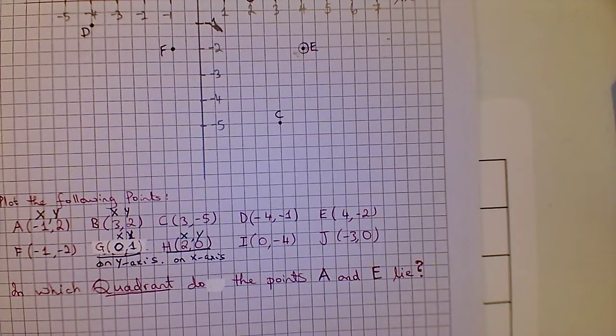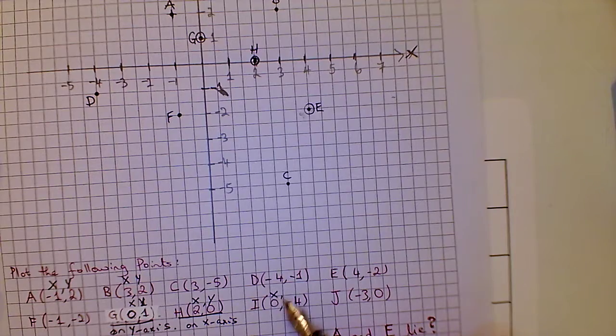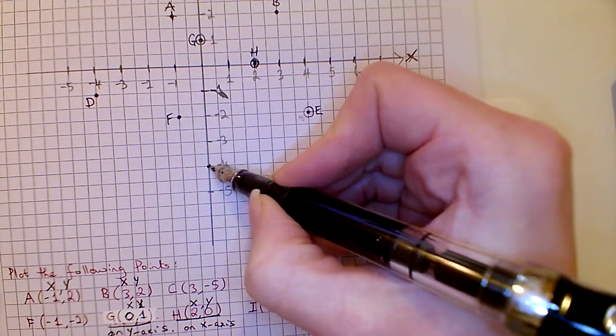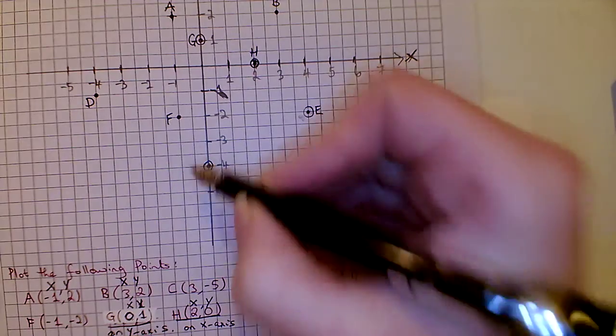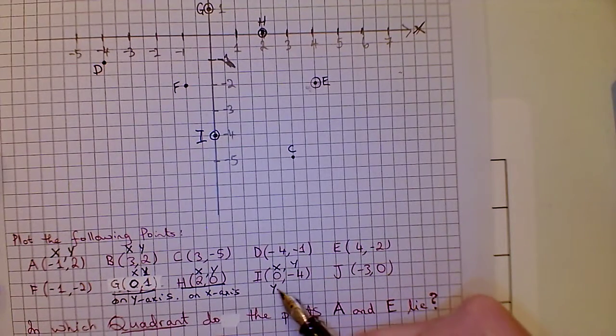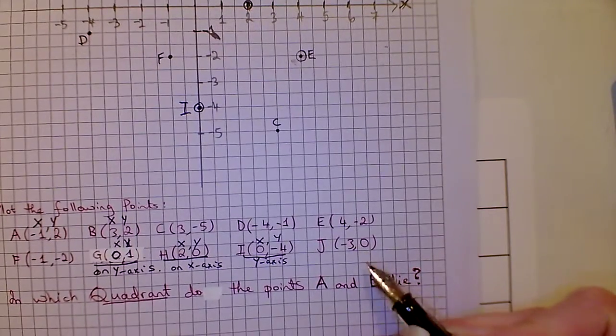I is 0, -4, so I'm not going anywhere left or right. 0 for my X direction, -4 for my Y direction. I come down to -4, and that is I. I is on the Y-axis. And J, -3, 0.